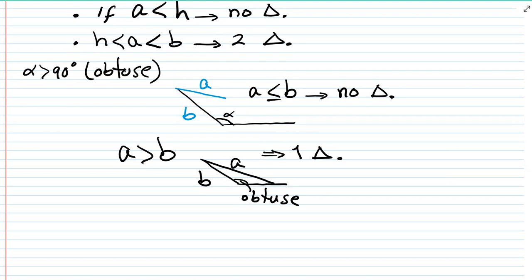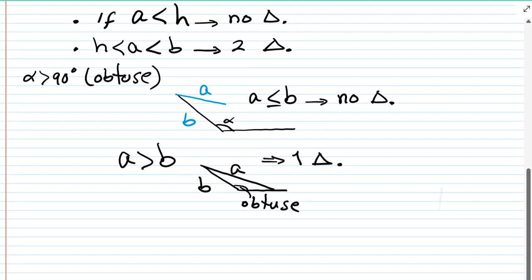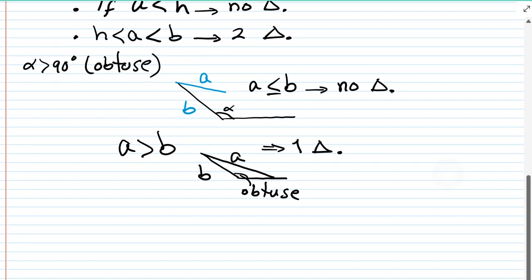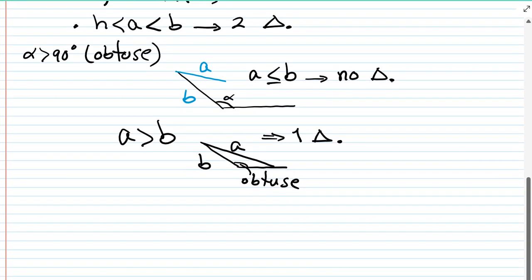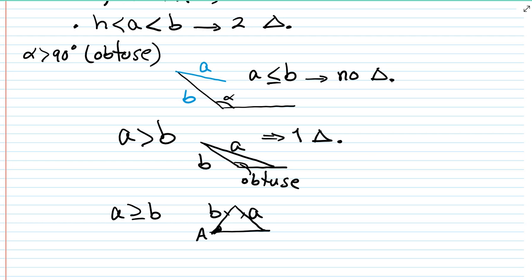Okay. So let's take a look and see. And also, by the way, another case, let me think of another one. What if A is greater than or equal to B? Well, the case where, let's say, in here, this is B, this is A, and they happen to be equal, and this is the acute angle A, right?